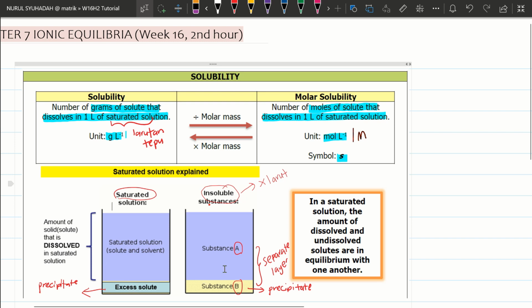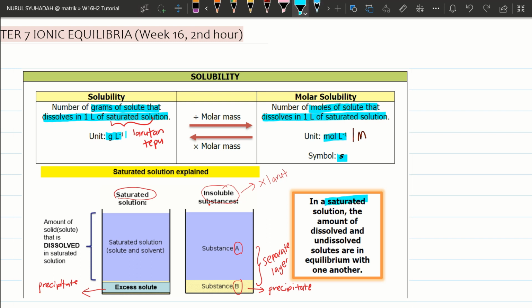For the insoluble case, directly when we add it, it does not dissolve. Substance B does not dissolve in substance A. It immediately forms a precipitate at the bottom. Here, in a saturated solution, the amount of dissolved and undissolved solute are in equilibrium with each other.